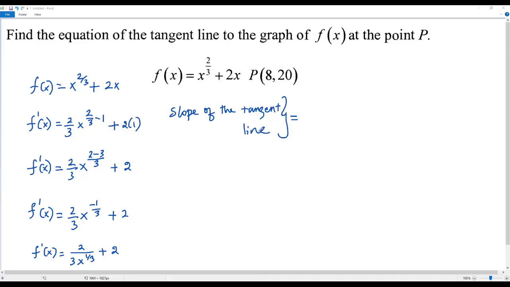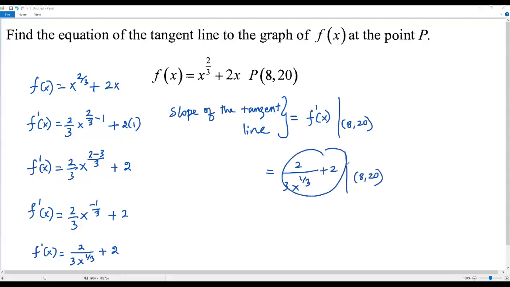So we plug the point into the first derivative, which is 2 over 3 times x to the power 1/3, plus 2. We don't have y here, so we plug in x equals 8. Then we get 2 over 3 times 8 to the power 1/3, plus 2.